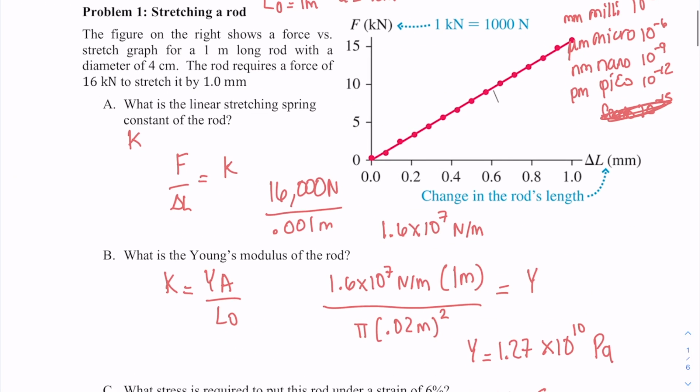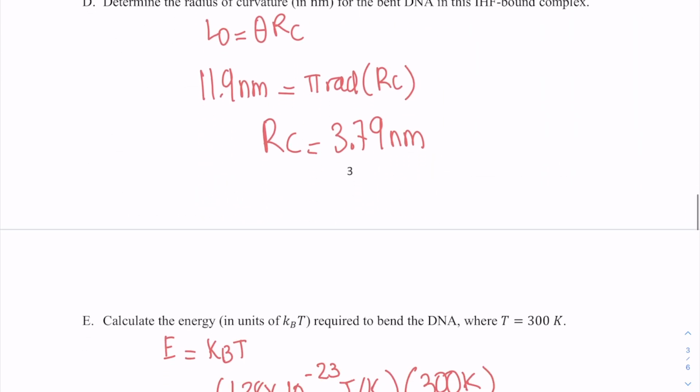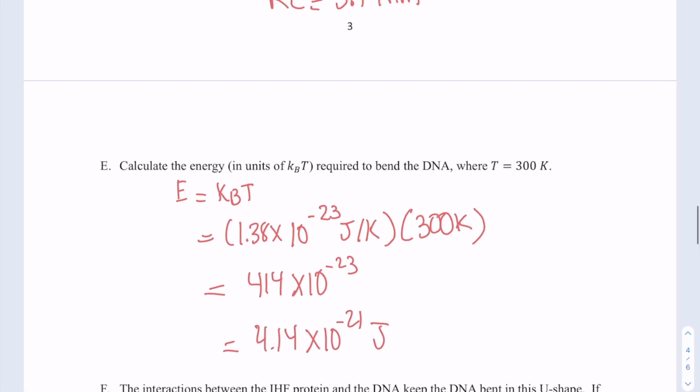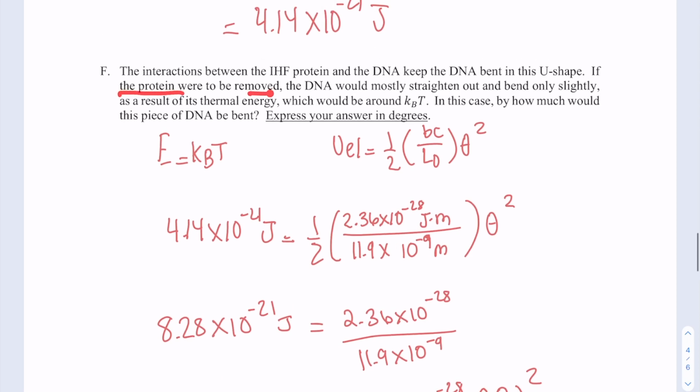I'm not sure if we have time to go over any of the online, but we have a question here. So part E of question 3, why again was the energy equal to the elastic potential energy? Elastic potential energy is defined as your energy of bending. You can see here, it integrates the bending coefficient. They told us if the protein were to be removed, the DNA would mostly straighten out and bend only slightly.